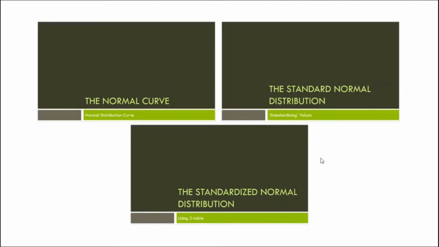For our topic today, we will be discussing the standardized normal distribution using the z-table. Here, we'll be able to get the probability for certain z conditions to occur, using the z-table.